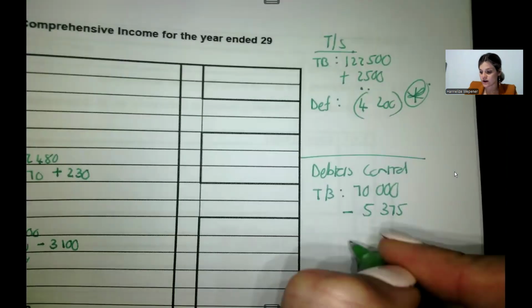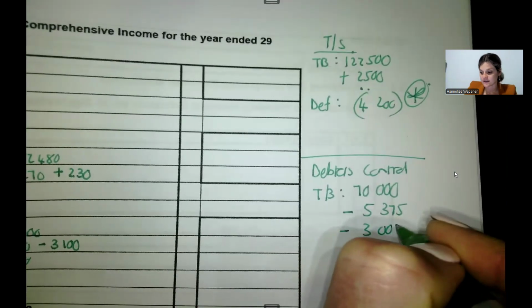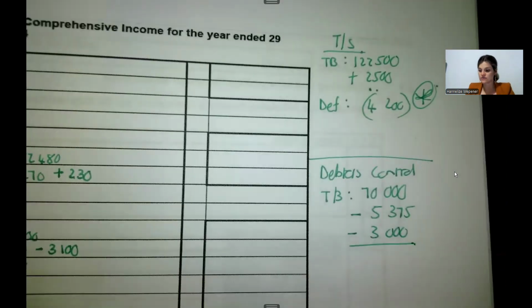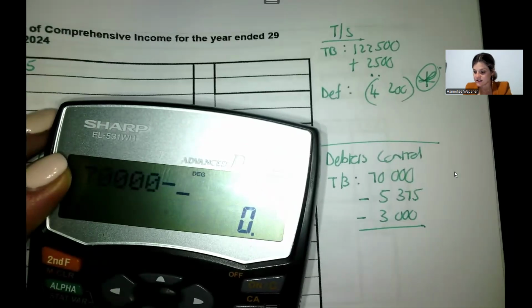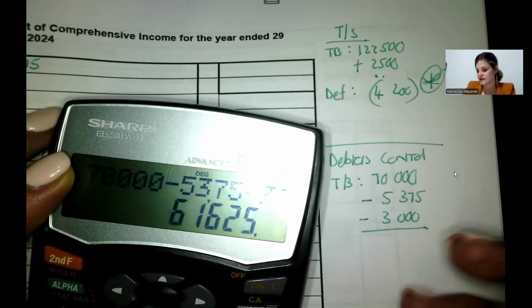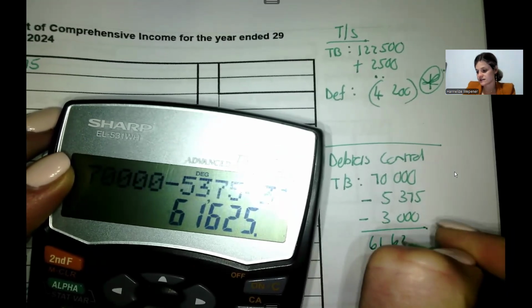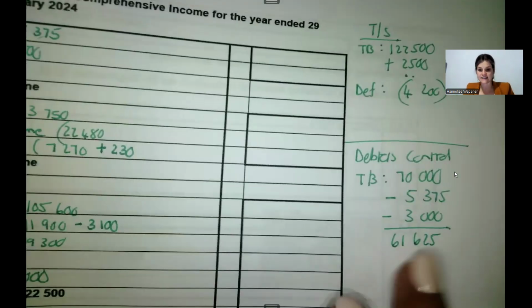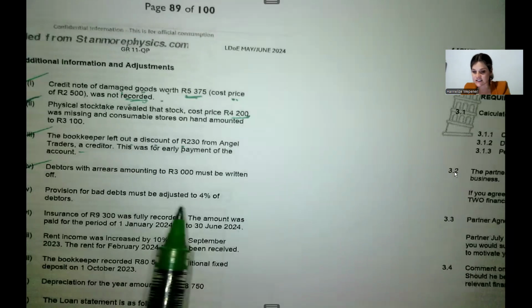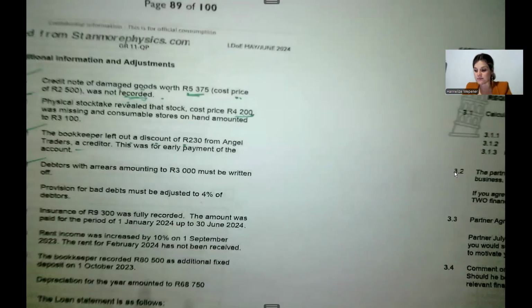So we also no longer have this debtor. So that brings us to a new debtors balance of 70,000 minus 5,375 minus 3,000, so 61,625.